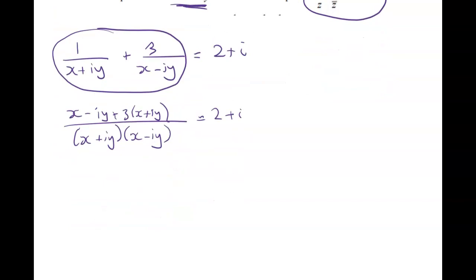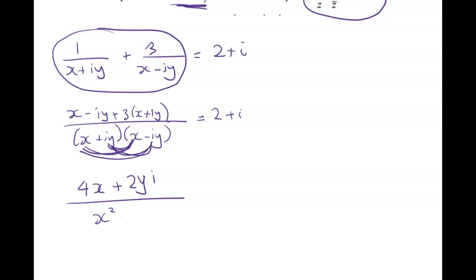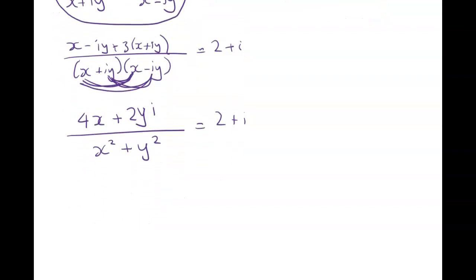That gives me in the numerator 4x minus iy plus 3iy, so plus 2iy. I really don't like putting that i in the middle, so I'm going to write that as 2yi. And in the denominator, I get x squared, these cancel, and then I have plus y squared, is equal to 2 plus i.